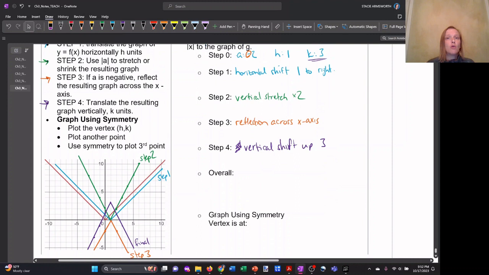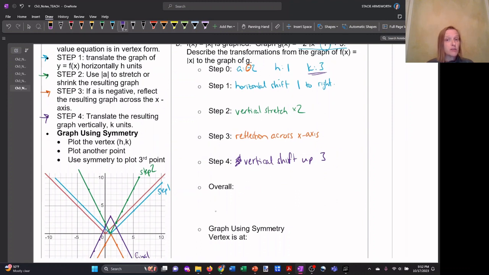So overall, what did my transformation entail? I had a horizontal shift, 1 to the right. I had a vertical shift, I'm sorry, a vertical stretch.